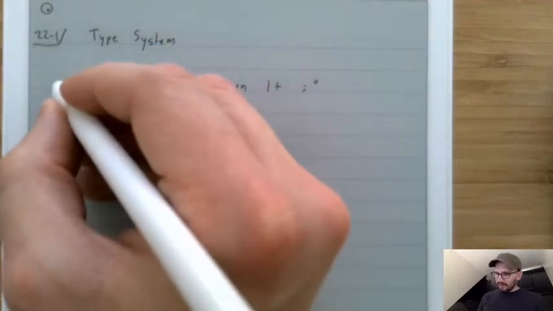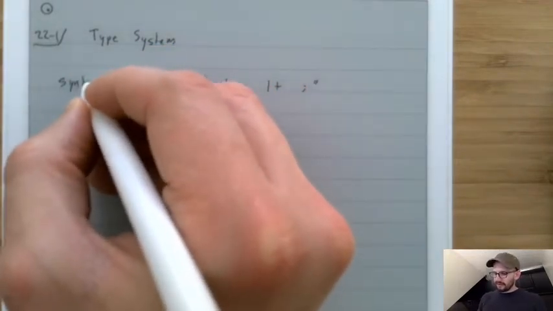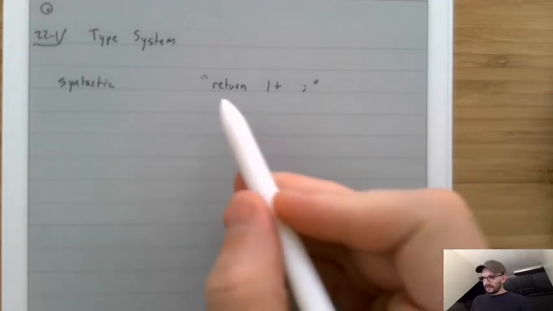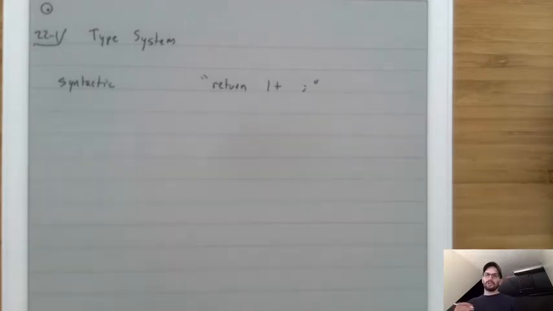This is an example of a syntactic error. It's an error that is not really an error about a program, it's an error about your attempt to write the syntax for a program. This string right here cannot be turned into a tree for our programming language, so therefore this thing is not a program.